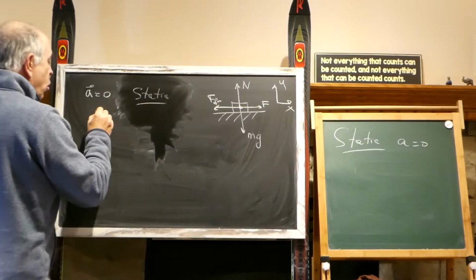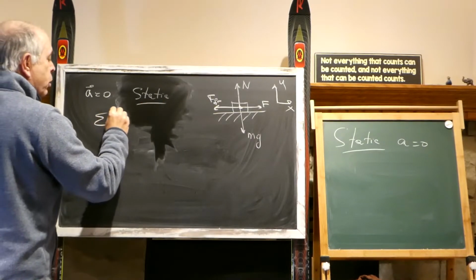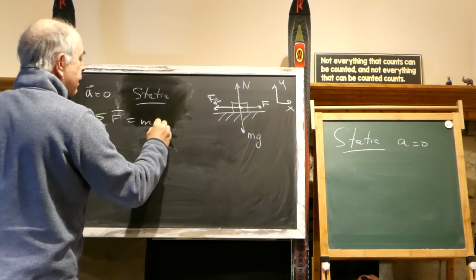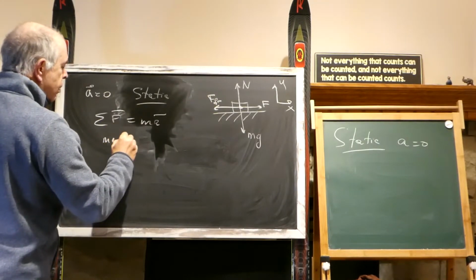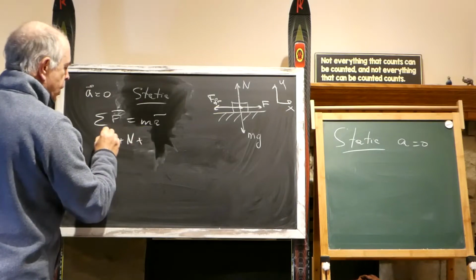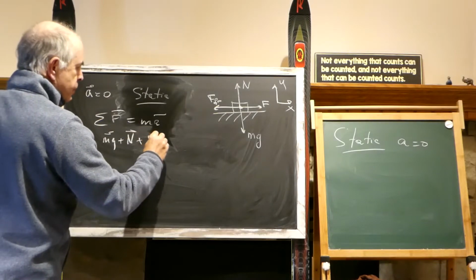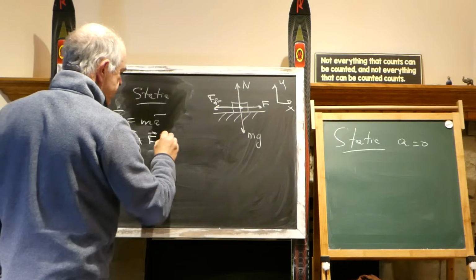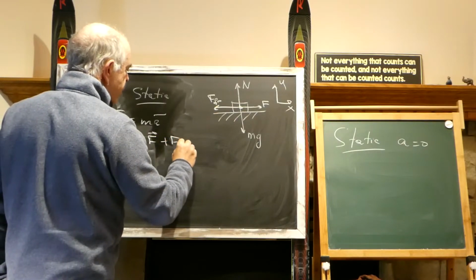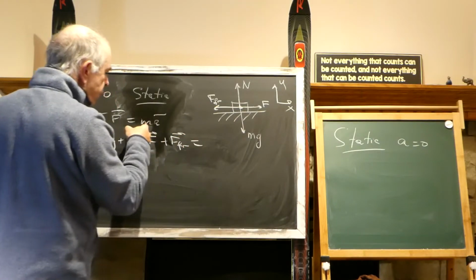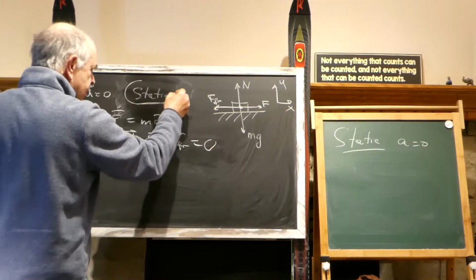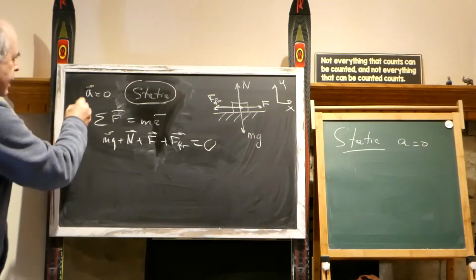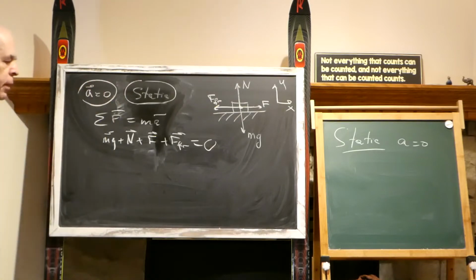And if this is so, I can say the sum of all forces equals ma, and I can say the sum of all forces, mg plus N, and those are all vectors of course, plus F, this force, and plus F friction equals ma equals 0. But because it's static, critical word static, means A equals 0.